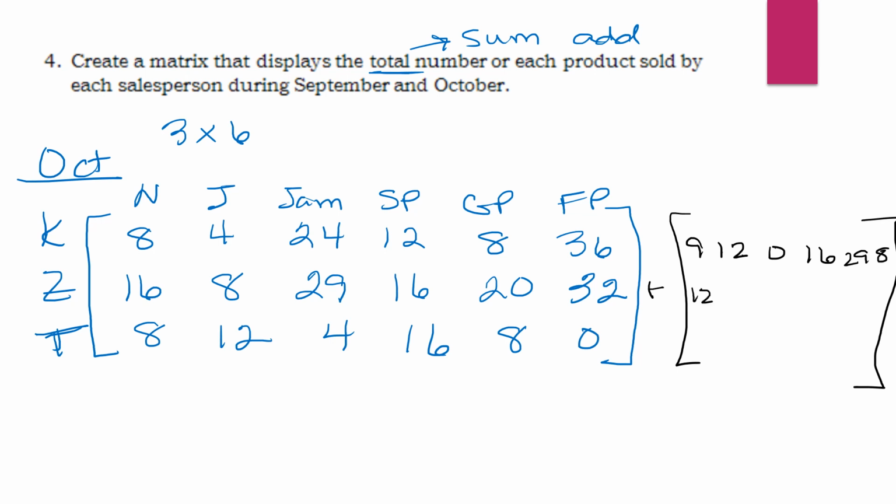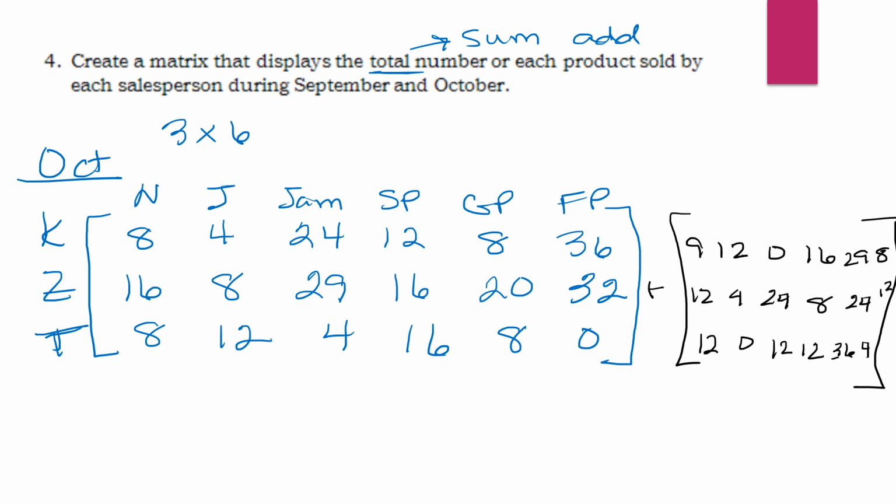Zhang did 12, 4, and 24. For the first three, 8 snack packs, 24 gift packs, and 12 family packs. And then Troy did 12 of the nuts, 0 of the jerky, 12 jam, 12 of the snack packs, 36 gift packs, and 4 family packs.